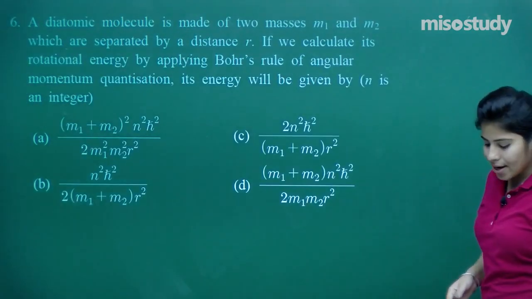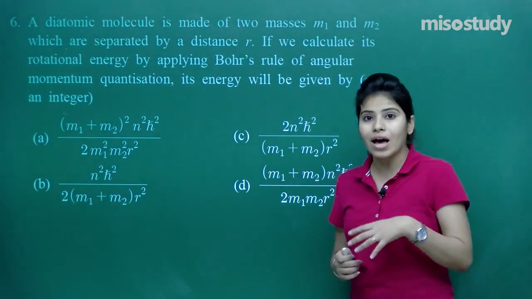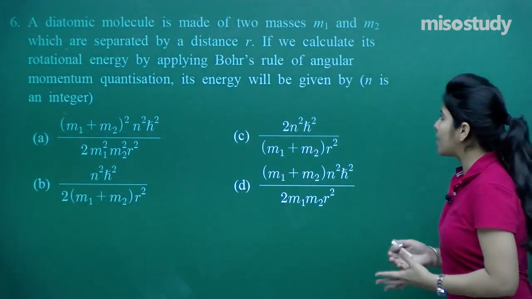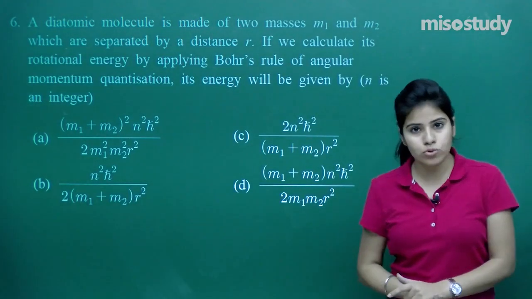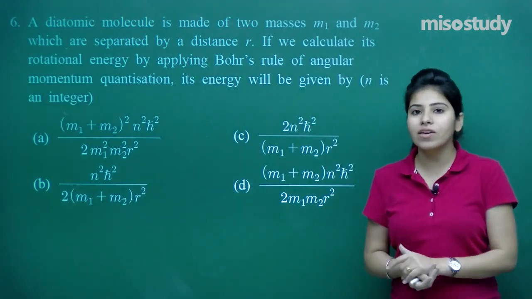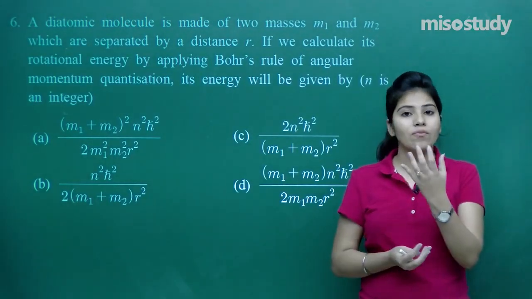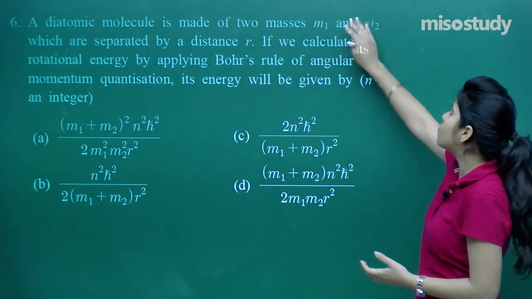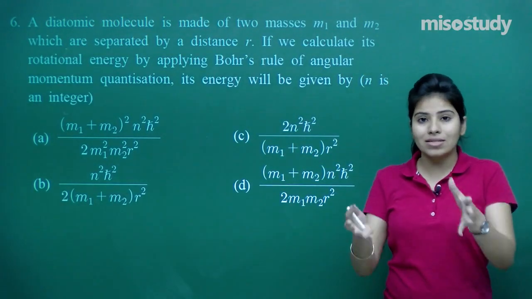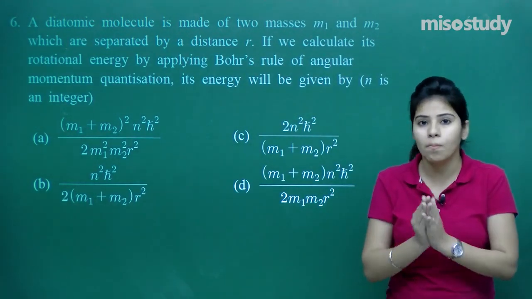So I can see that we have been given a question on a diatomic molecule. A diatomic molecule is made of two masses, M1 and M2. Listen students, whenever we are given diatomic molecules with these two values, M1 and M2, we can convert these two masses into one form, and that form is called the reduced mass.